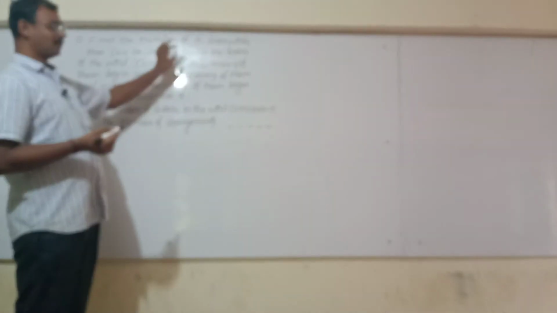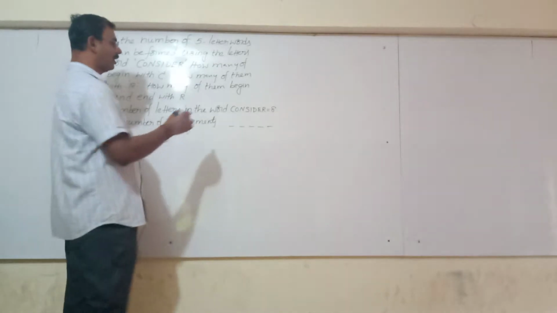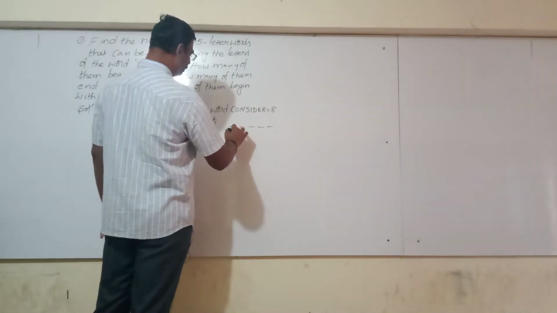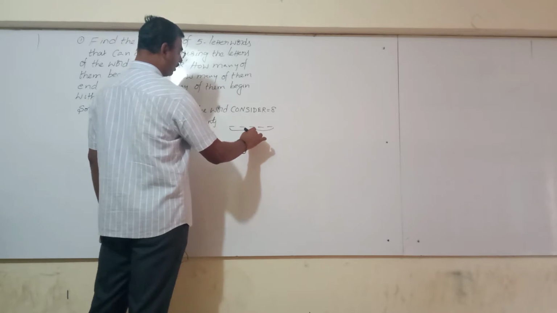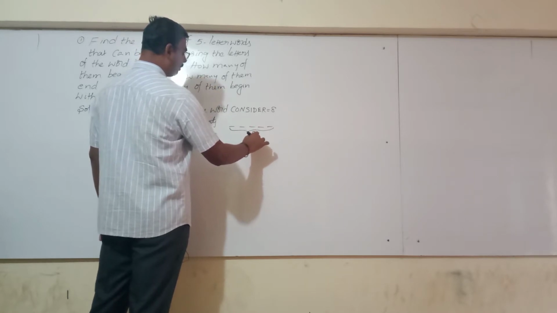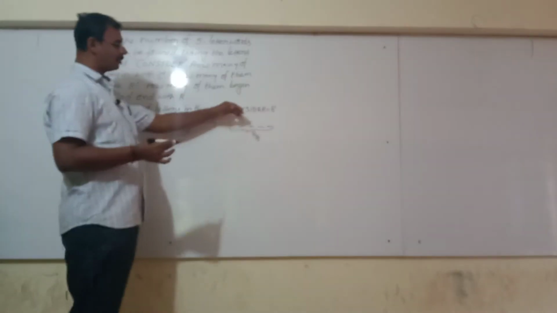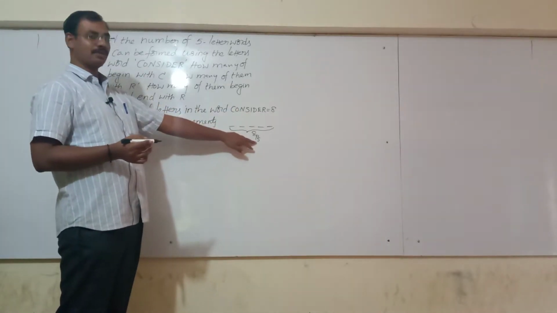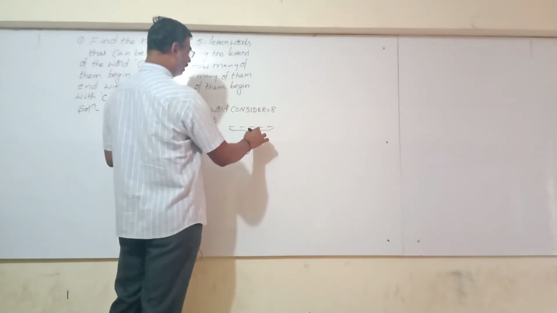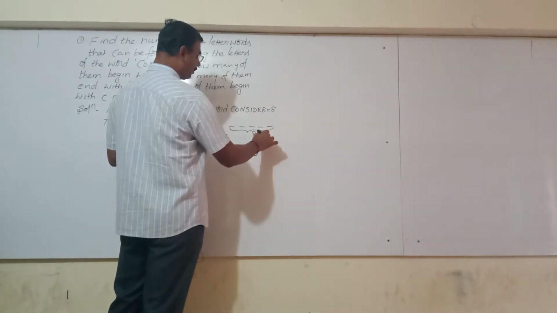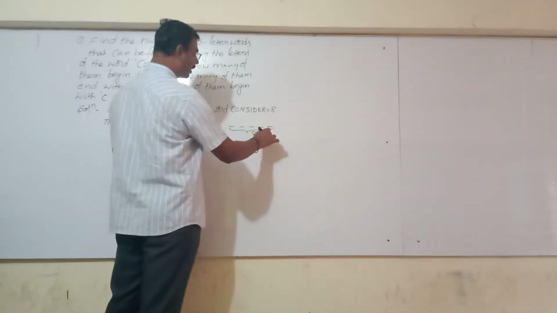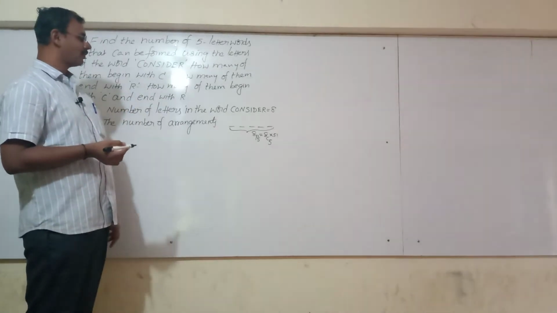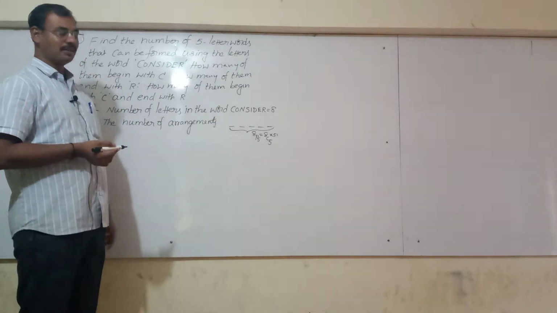Total how many letters? 8. So we have to fill 5 places. This can be written, according to the formula, as 8P5. Out of 8 we select 5. Some people can also do it like this: first 5 letters are selected and then arranged in 5 factorial ways.